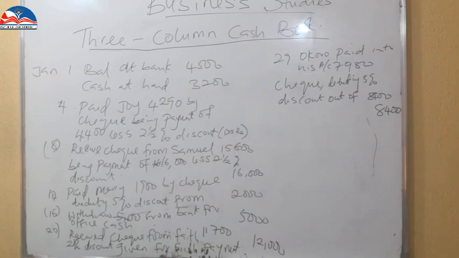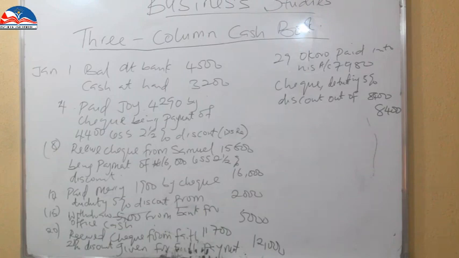He paid Okoro into his account 7,980 by check, deducting 5% discount out of 8,400. And so we are going to subtract 7,980 from 8,400.